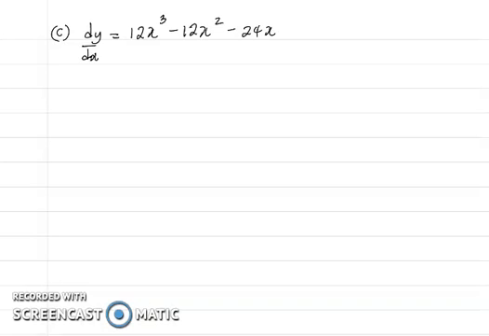To classify the stationary points, I'm going to use the second derivative test. So then I say d2y by dx squared, and that will be equal to 36x squared minus 24x minus 24. All right.